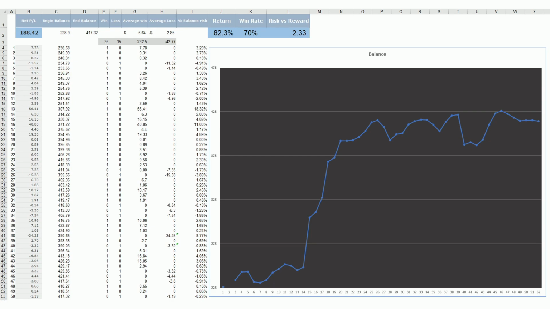So now we've hit 50 trades in 5 weeks for an 82% return. So we took the account from 228 to 417. And the win rate is 70% with a risk to reward ratio of 2.33, which is not bad, but I've done better.